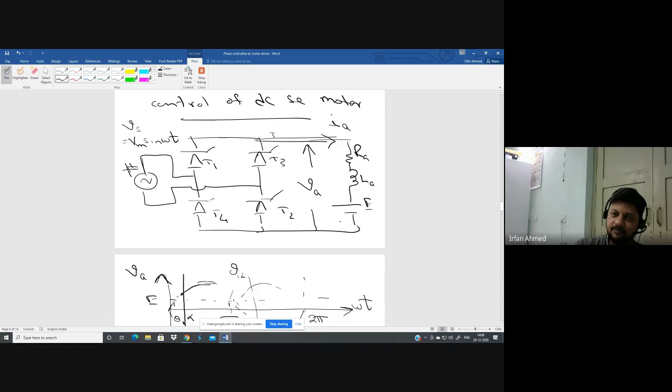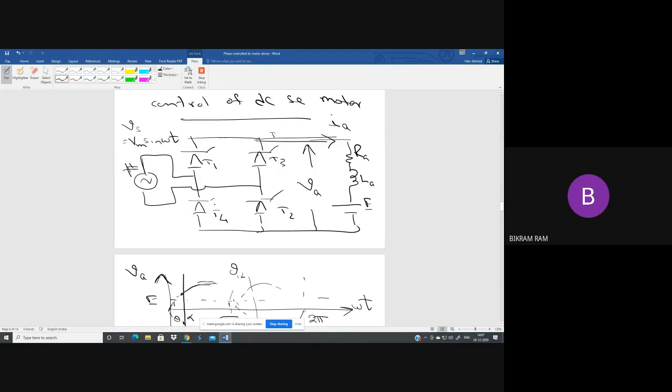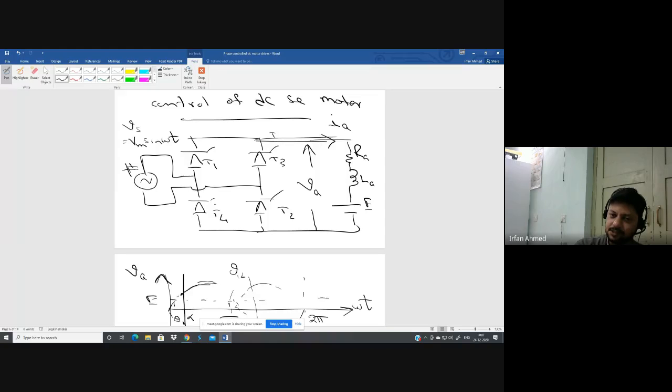Second case, if you have gone into the negative half cycle and you turn on T3, T4, the current through T1, T2 becomes zero. Either the armature current becomes zero, or the armature current is still flowing but you turn on T3, T4 in the negative half cycle. In that case also, the current through T1, T2 becomes zero and they stop conducting.